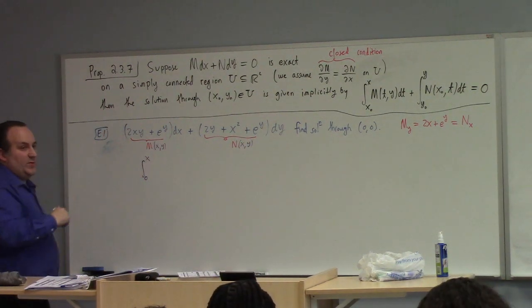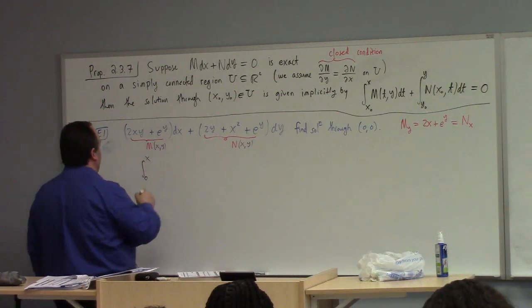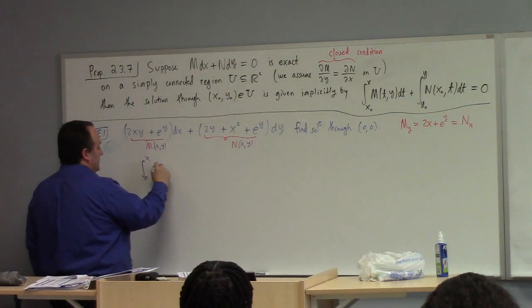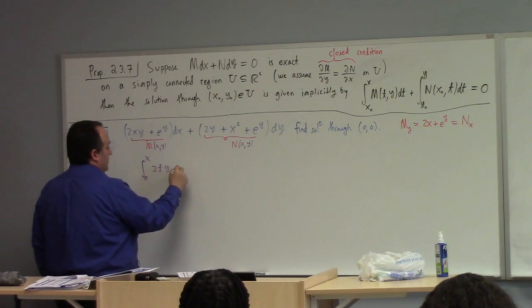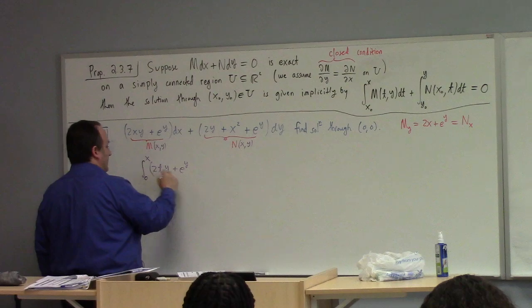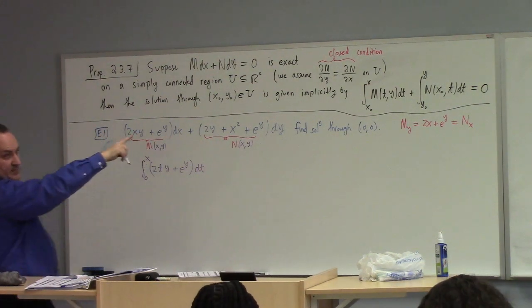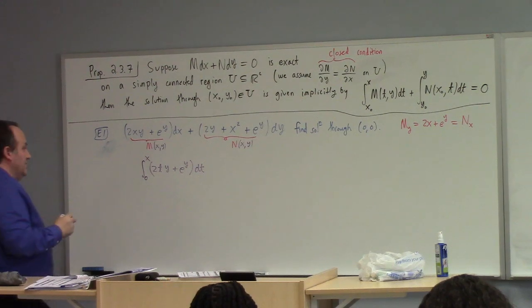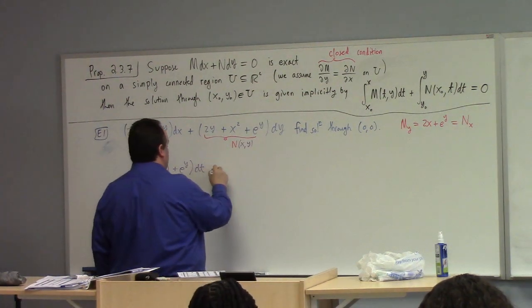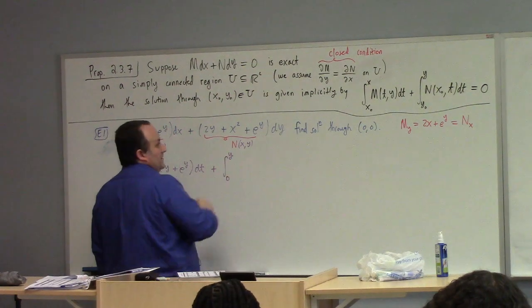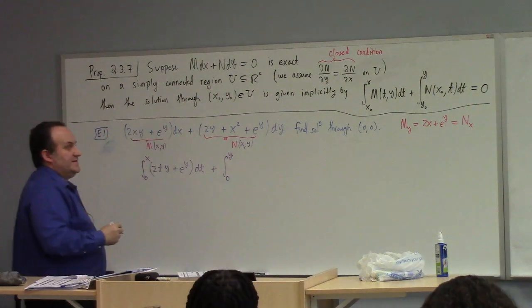What is M of t comma y? If I plug a t in here for x, I get 2ty plus e to the y dt in the formula. Plus the integral from 0 to y of N of x naught comma t.